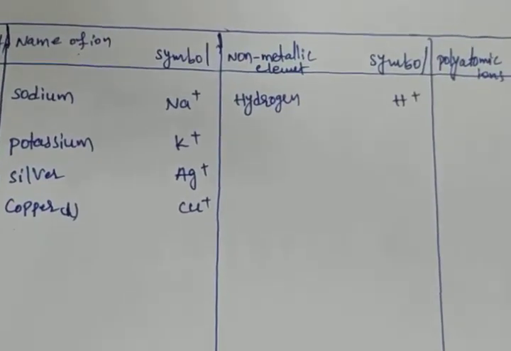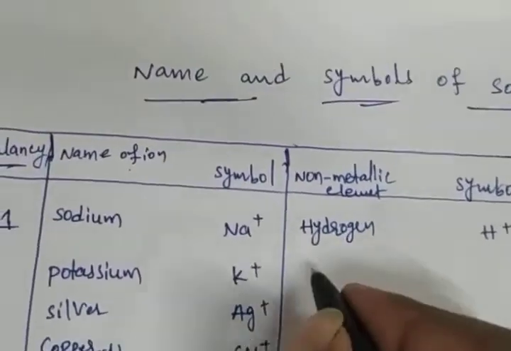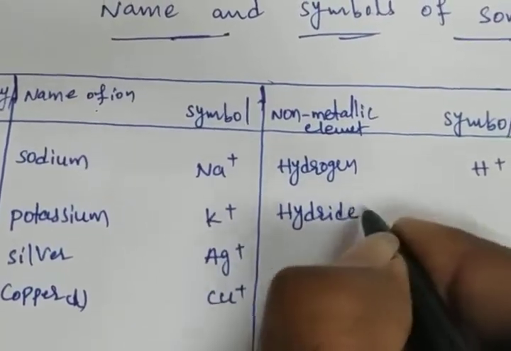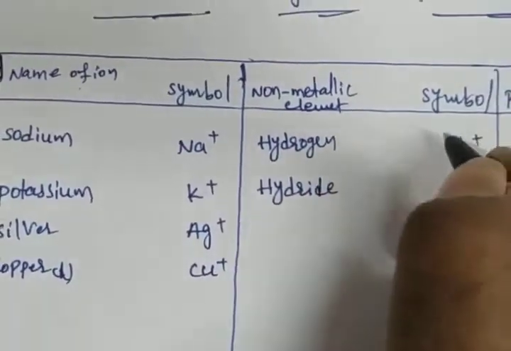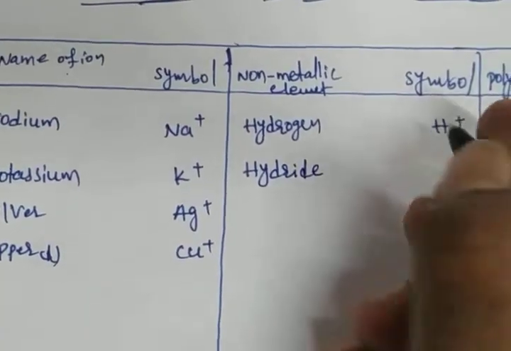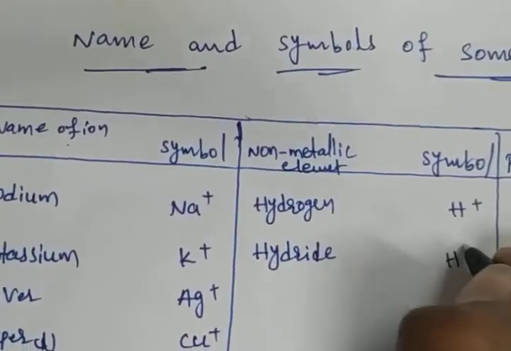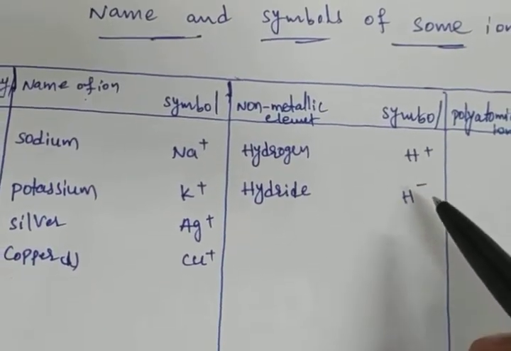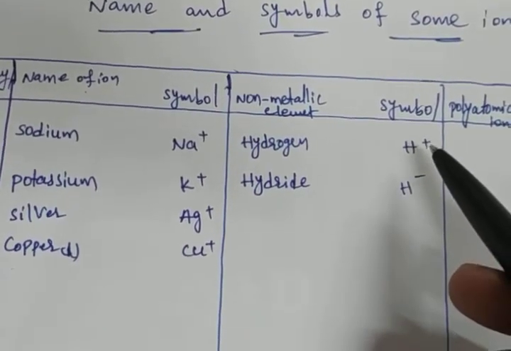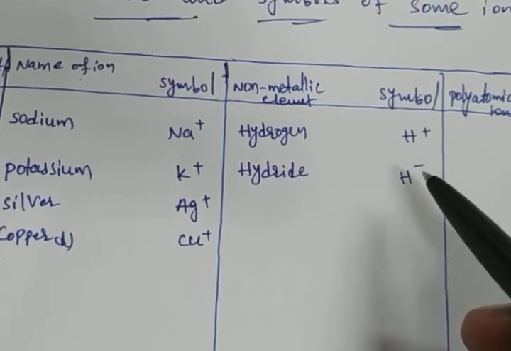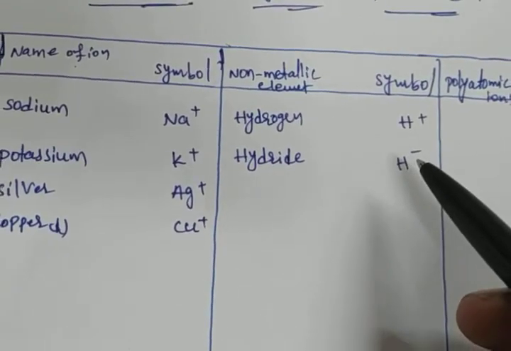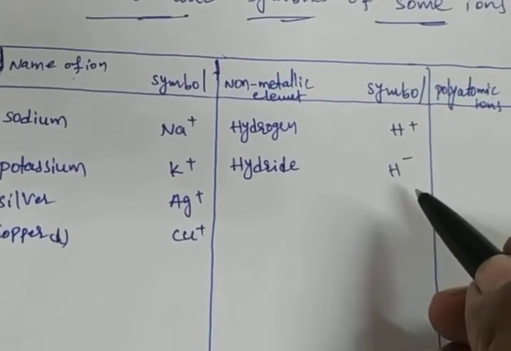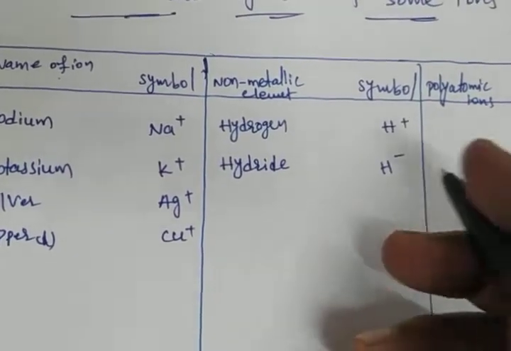Next, hydride. Hydrogen means H plus. Hydride means H minus. An ion may have either a positive charge or a negative charge. A positive charge we call a cation, and a negative charge an anion.